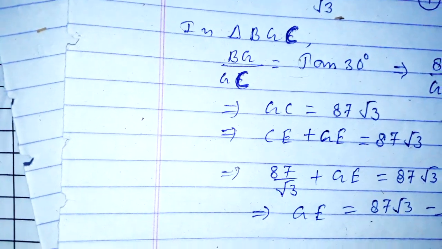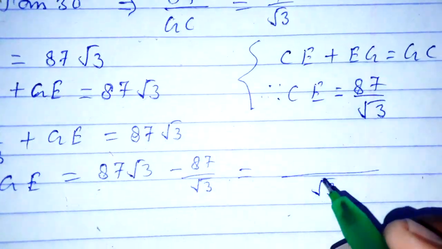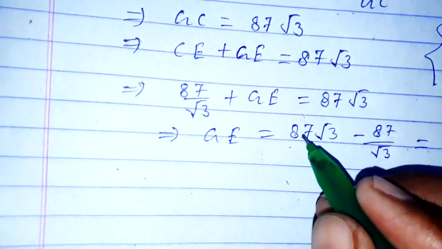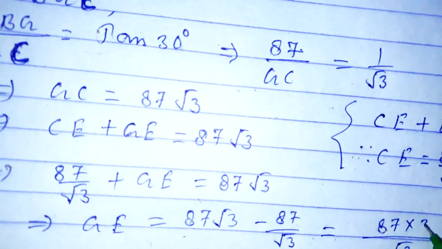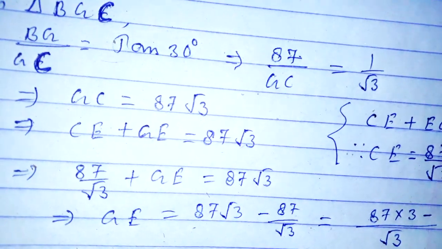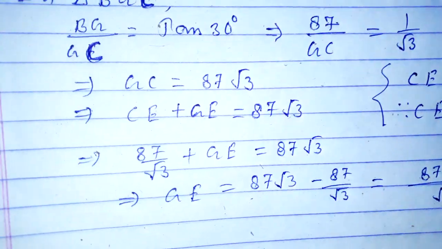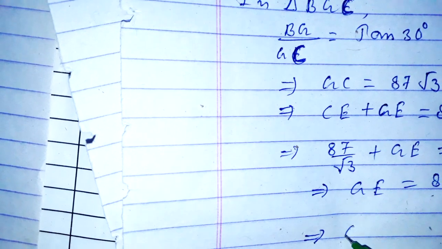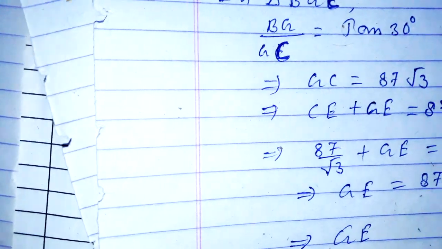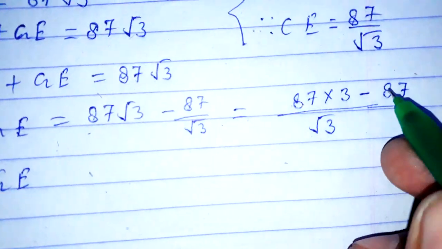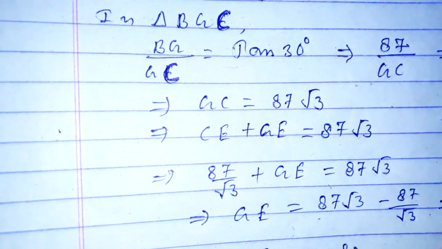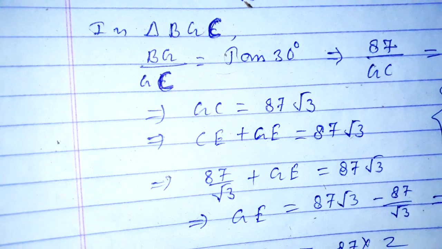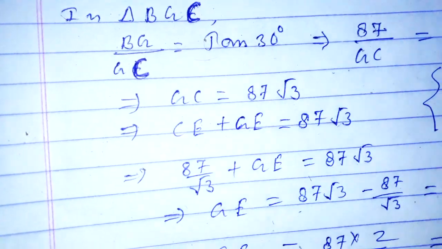So here take the LCM, which is root 3. Cross multiply, so this is 3. 87 into 3 minus 87 upon root 3. So what is the value of GE? To solve this, the value is completely 87 into 2 upon root 3.